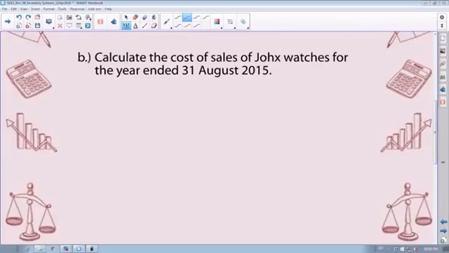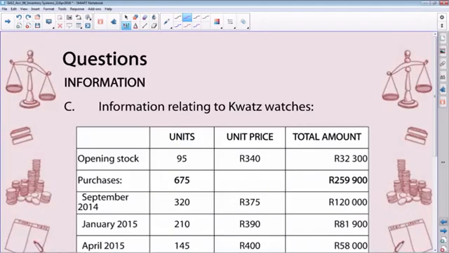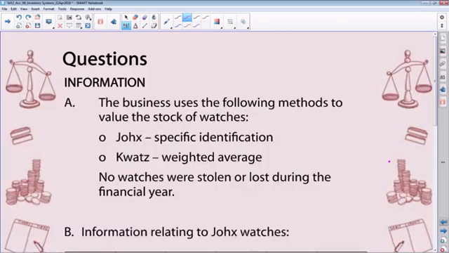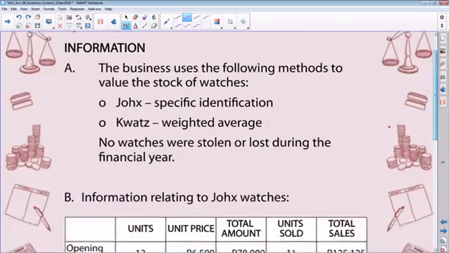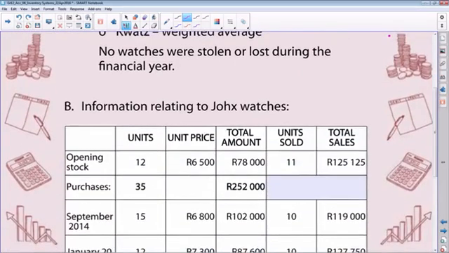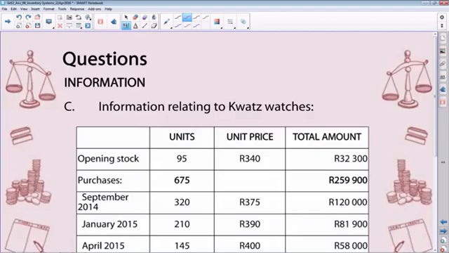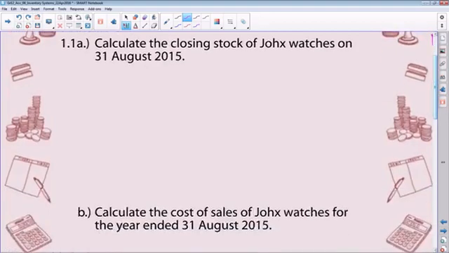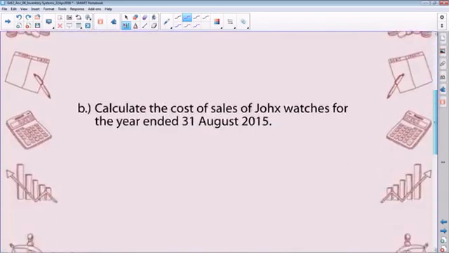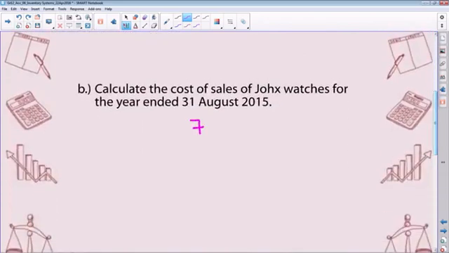We will start off with our opening stock, right? And our opening stock of Jocks watches was 78,000 Rand. Remember, that came from 12 units at 6,500, which gave me a value of 78,000 Rand. Therefore, opening stock 78,000 Rand.